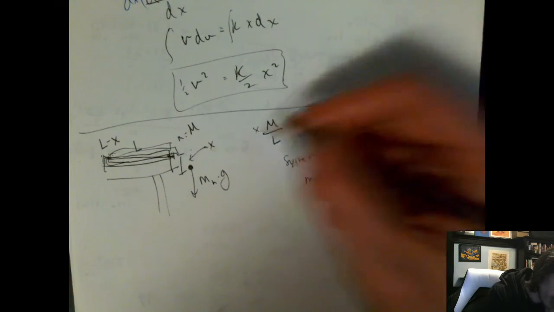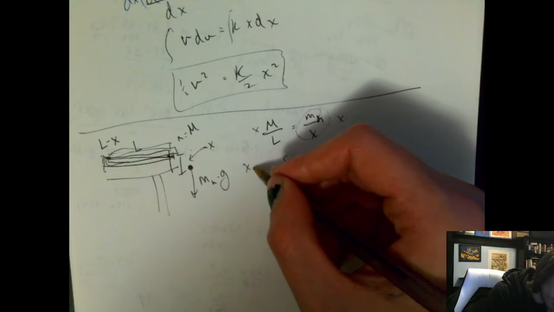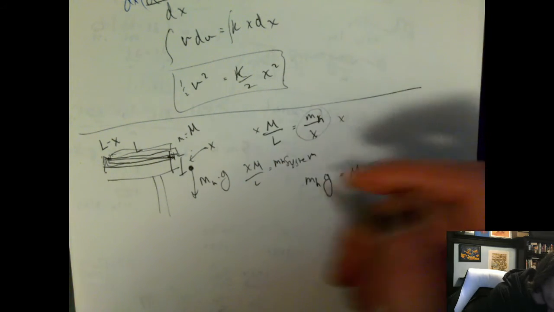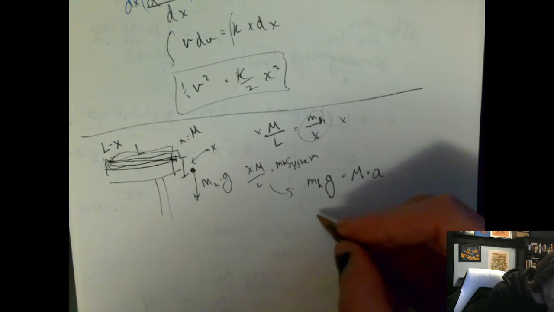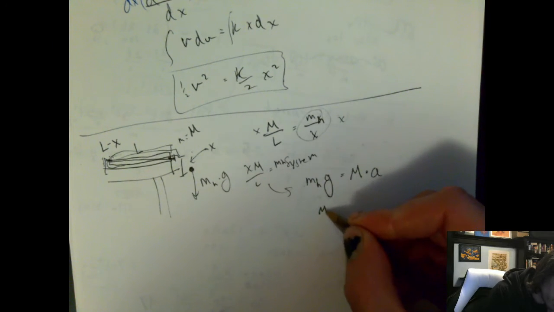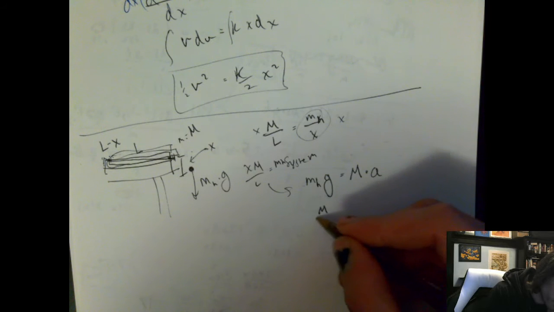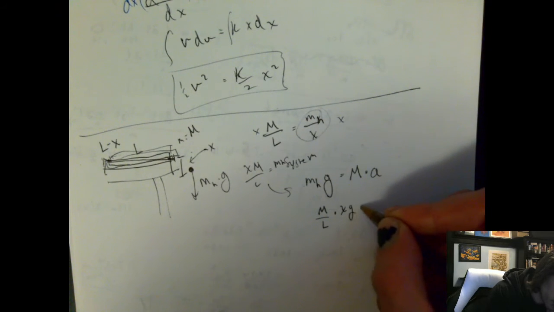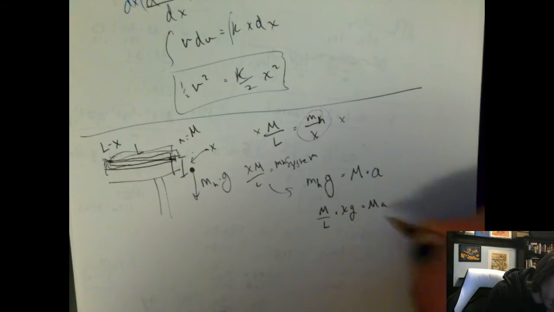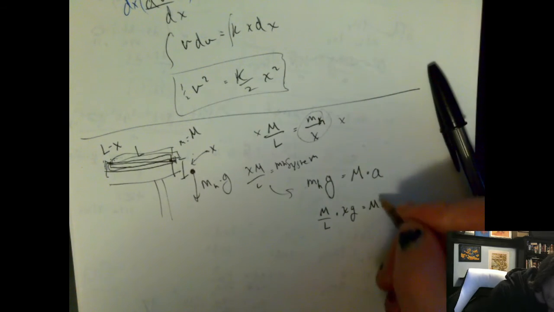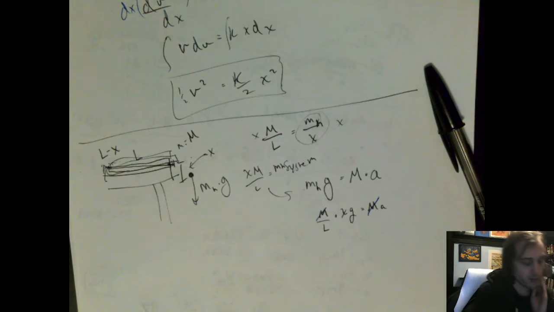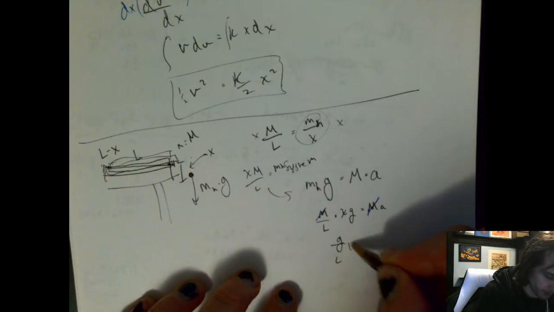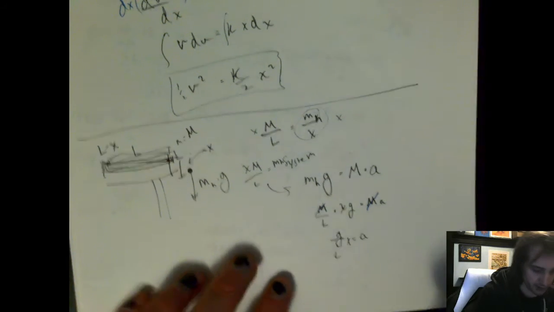If we multiply each side by x, we'll get that xM over L is equal to m_H. If I take this and plug it in over here, it'll give me that M over L times x times g is equal to Ma. Dividing each side by M, we have a situation like the one we had before. G over L times x is equal to our acceleration.